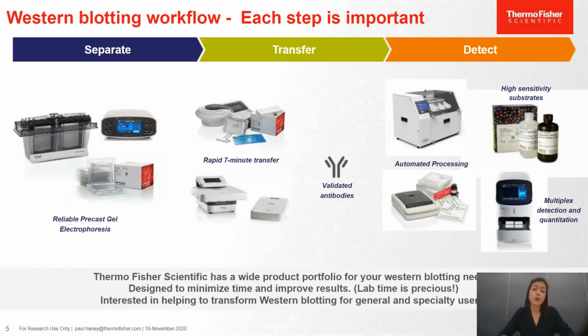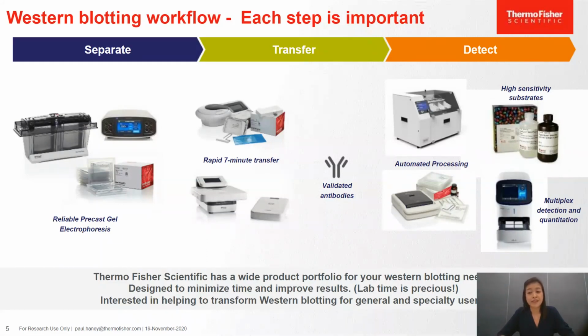And every step in the Western blotting workflow is important, from the separation to the transfer and to the detection. At Thermo Fisher Scientific, we provide a wide product portfolio for your Western blotting needs that are designed to save you time and improve your results.